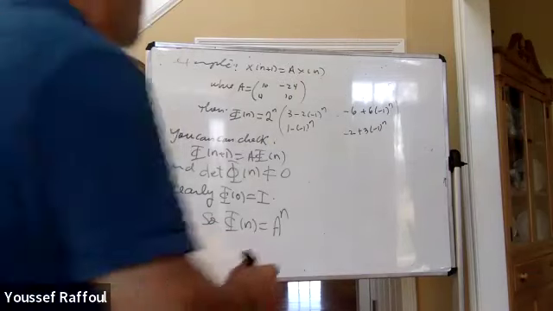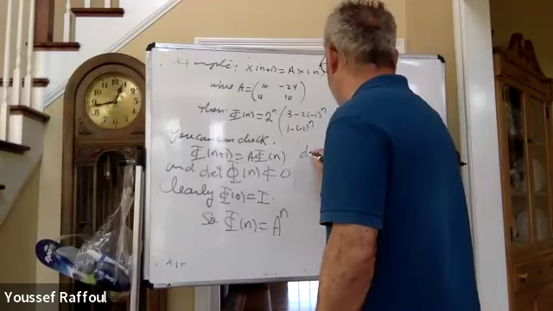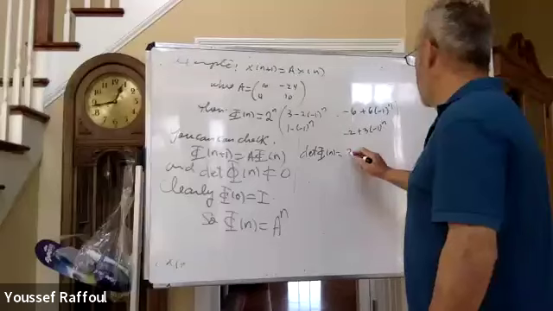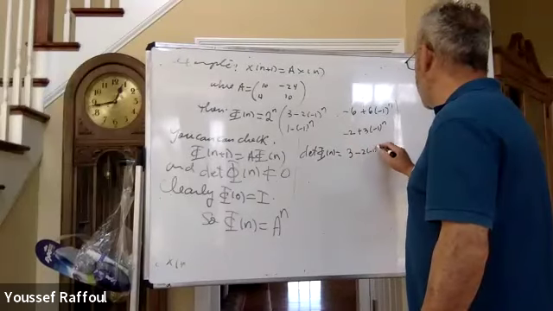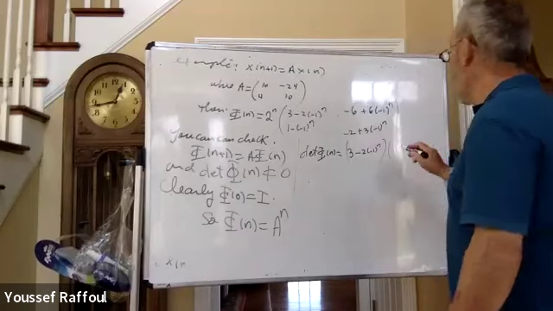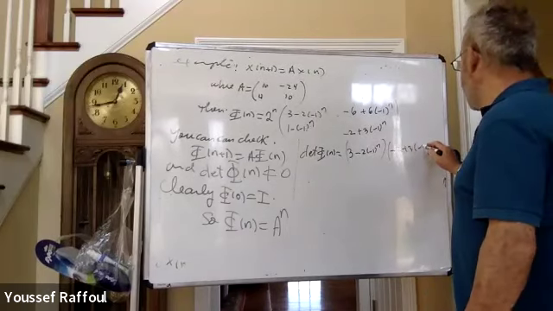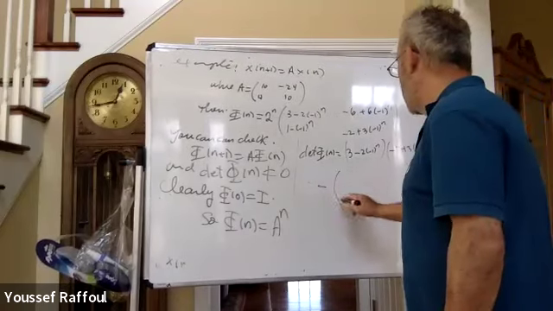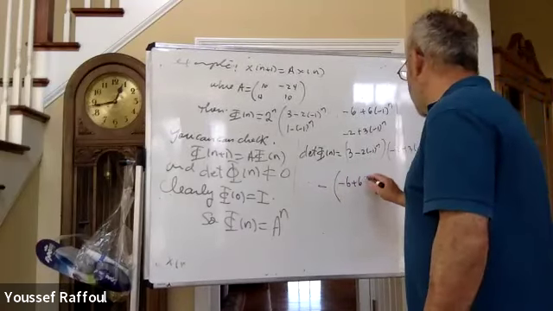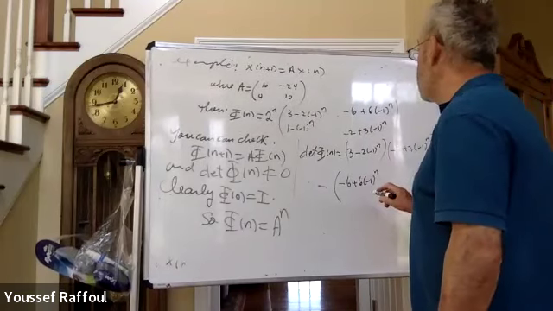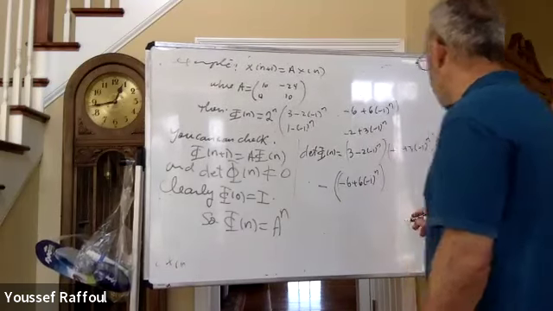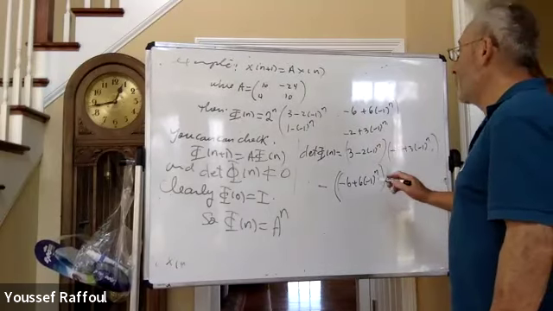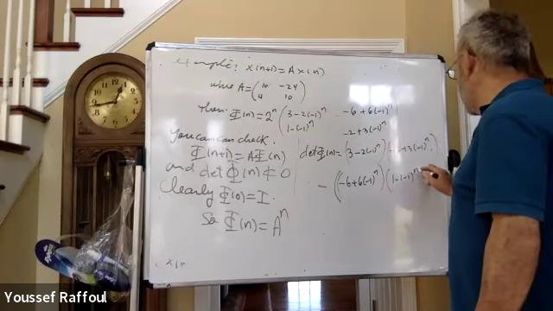And then you can see the determinant of phi n is 3 minus 2 times minus 1 to the n, times minus 2 plus 3 times minus 1 to the n, minus 6 plus 6 times minus 1 to the n, times 1 minus minus 1 to the n.